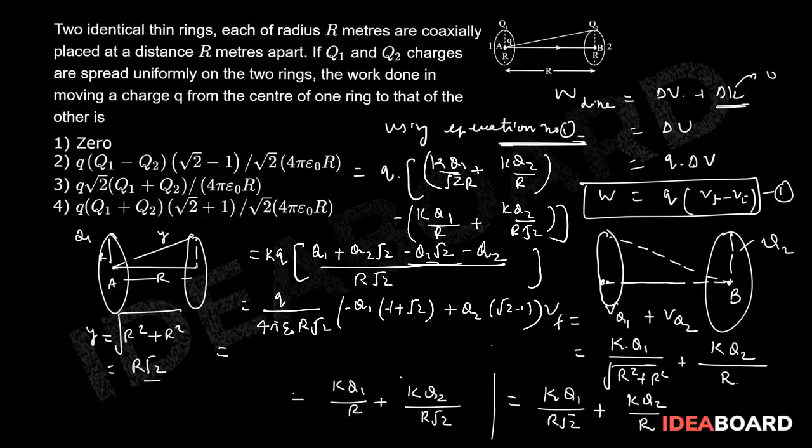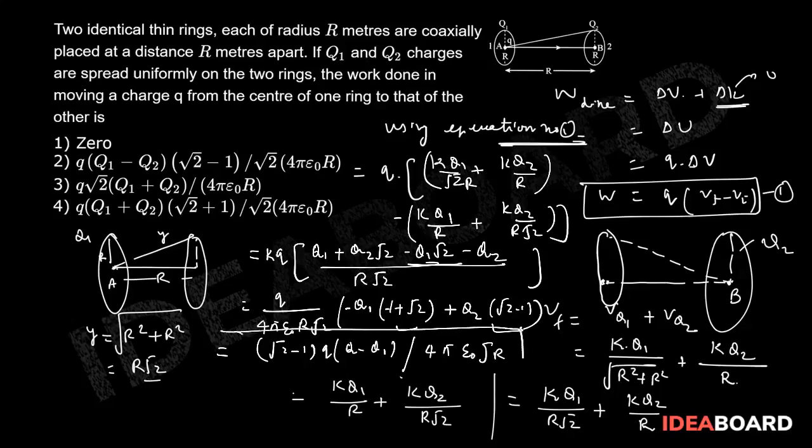Now take root 2 minus 1 common, which gives Q into Q2 minus Q1 times root 2 minus 1 divided by 4 pi epsilon naught into root 2. So this should be the value of the energy.